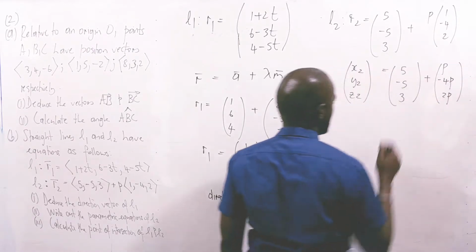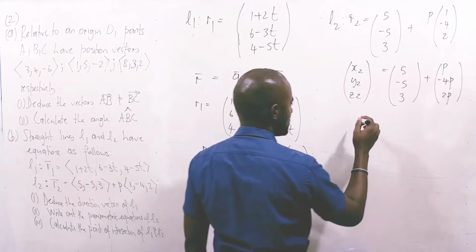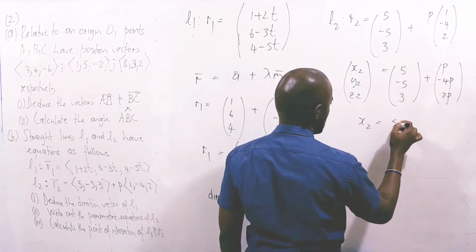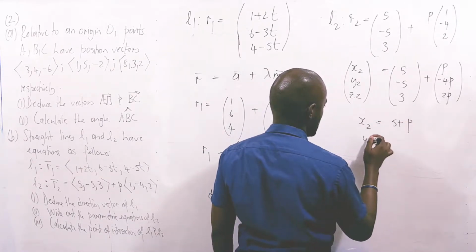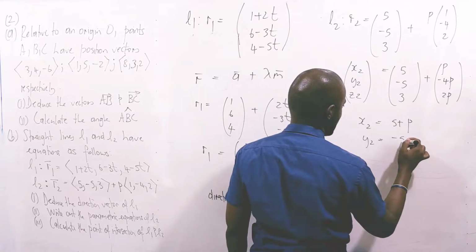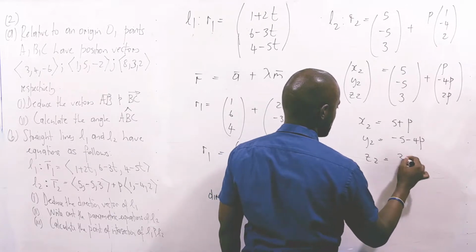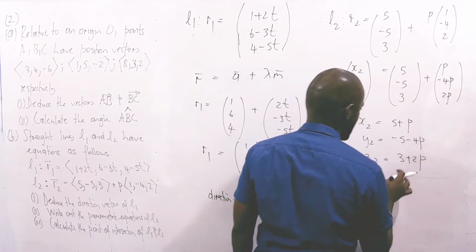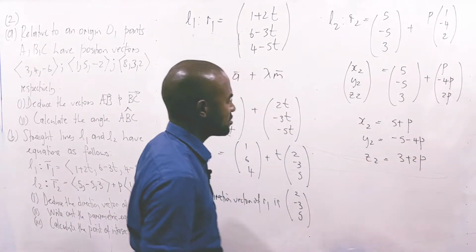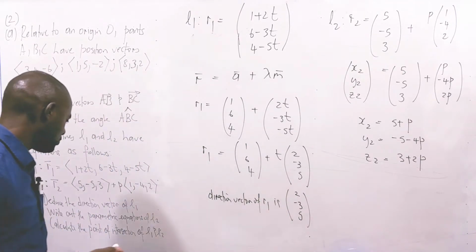Then we add the corresponding terms, and this becomes x2 is equal to 5 plus p, y2 is equal to minus 5 minus 4p, and z2 is equal to 3 plus 2p. And these are the parametric equations for line L2.